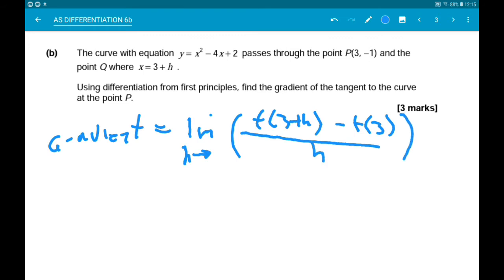So, we are going to need to work out, we already have f of 3 plus h, we're going to need f of 3. So that's 3 squared, which is 9, minus 12 add 2. So that is going to give us minus 1.